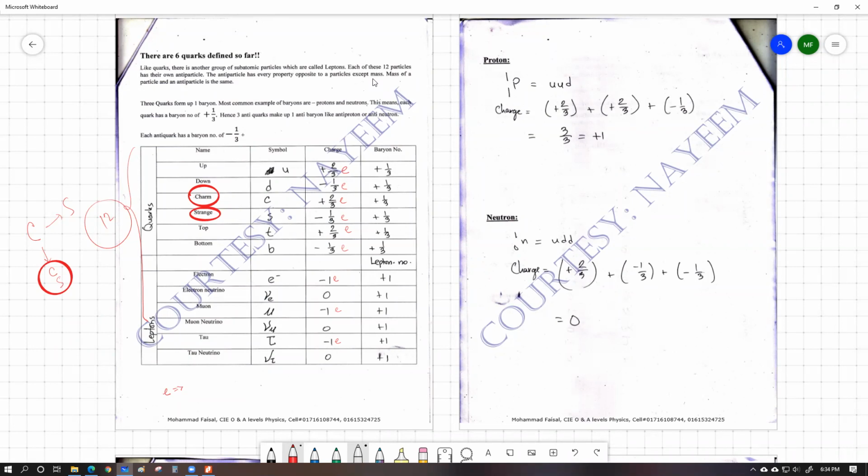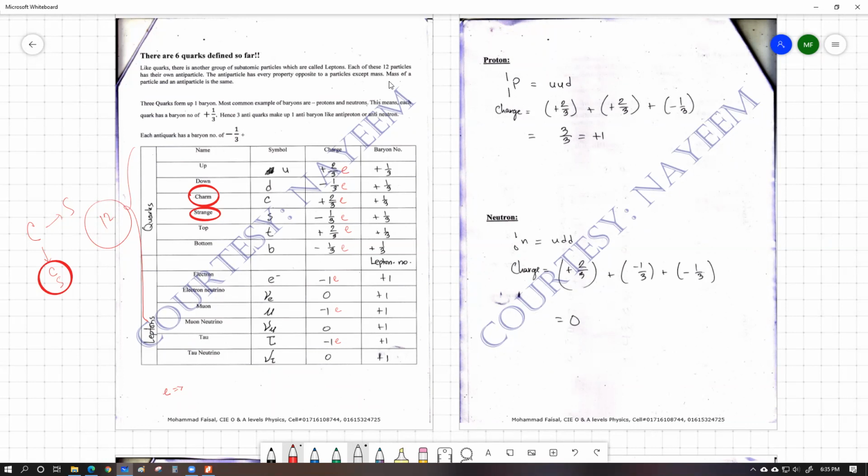For example, you can have positive charge and negative charge, but you cannot have positive mass and negative mass. That's not how things work. So a particle and an antiparticle, being two entities, will have the same amount of mass if they are of the same variety. Let's say an up quark has the same mass as an anti-up quark.